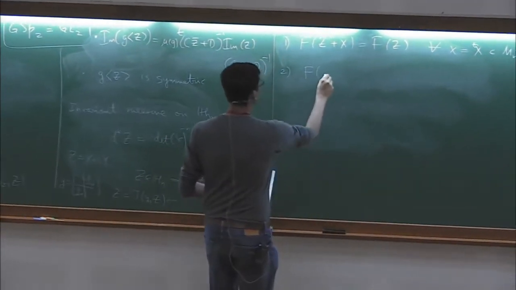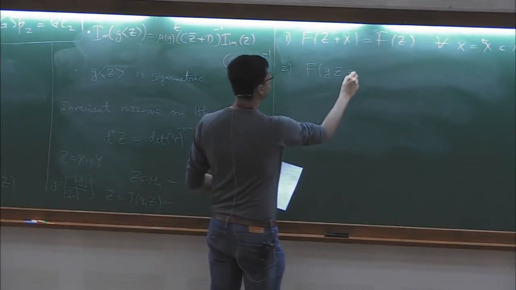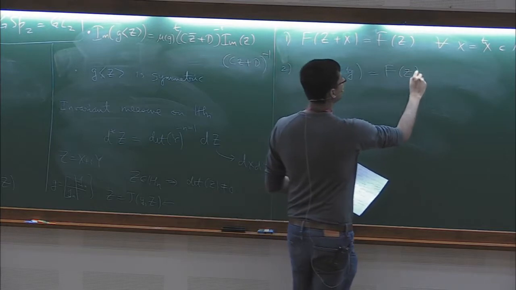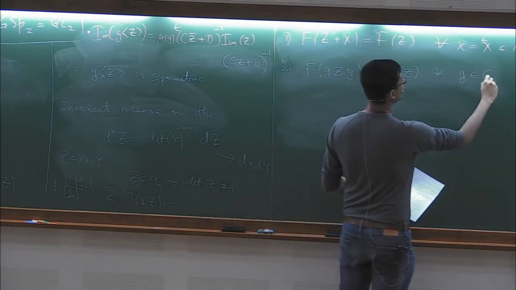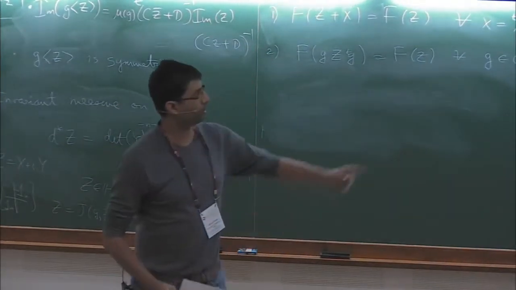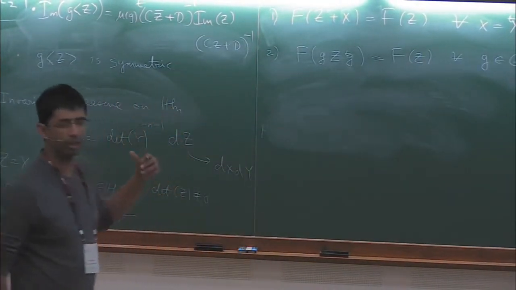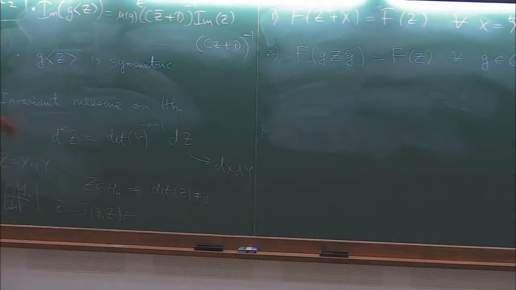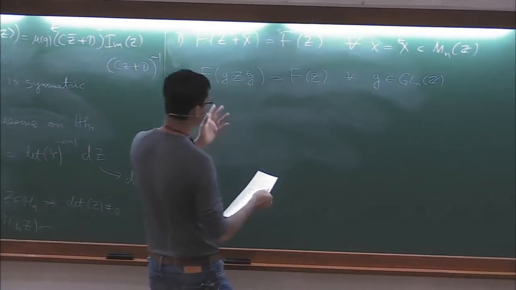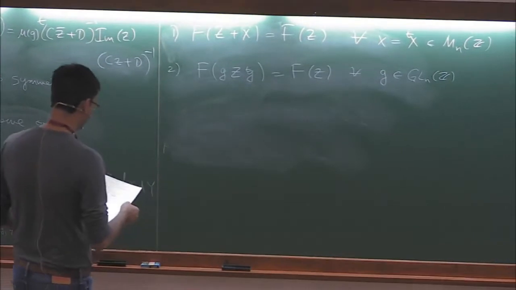You also have F of g z g transpose is F of z for all g in GLn(Z). I'm basically taking the automorphic condition and applying it to these matrices that I wrote down.